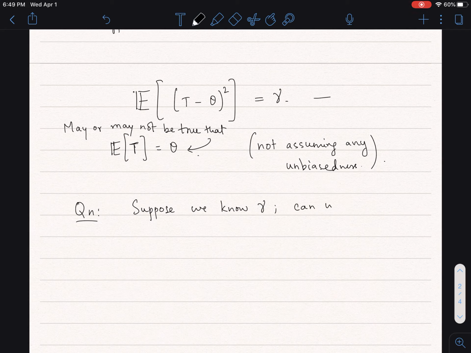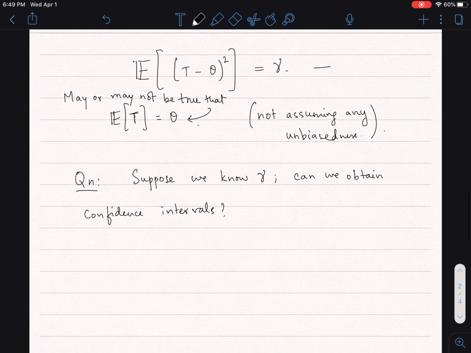Now, can we obtain confidence intervals? Let us now see why you might expect that something like this should hold.